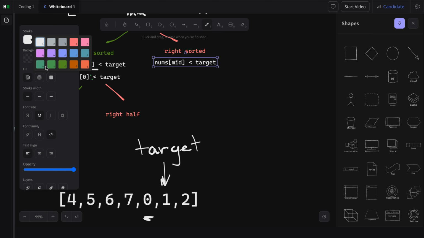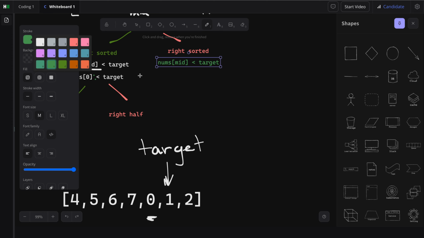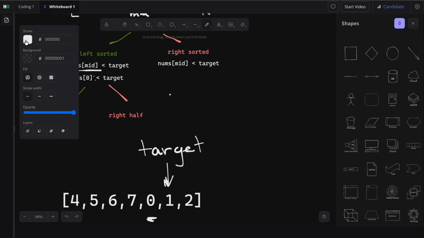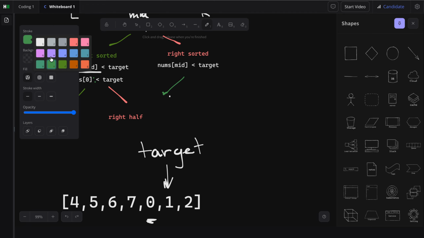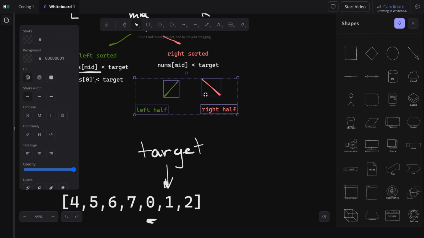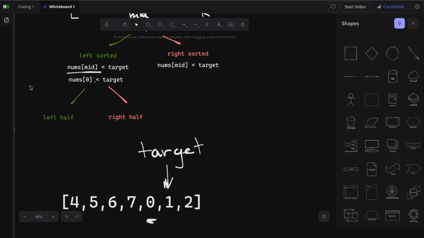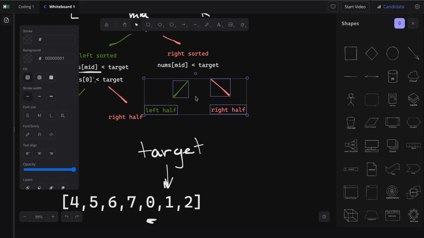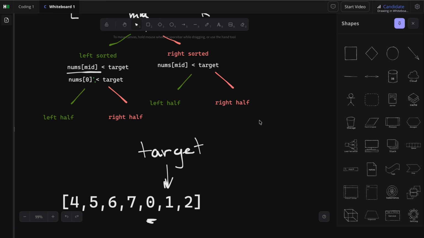Let me do the right sorted. Alright, hold on. Okay.